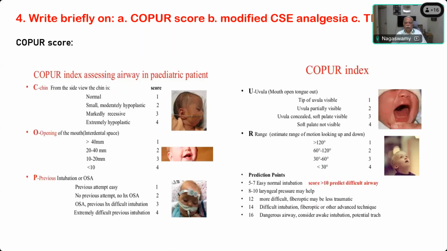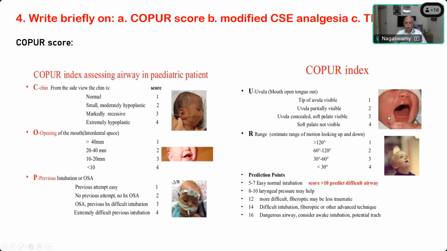So the uvula, with the mouth opening and the tongue being put out, you can see here it's a small baby. They are trying to visualize the uvula by forcefully opening the mouth. Or you make the child cry for the purpose of looking at the uvula. That is the only way that you can do.